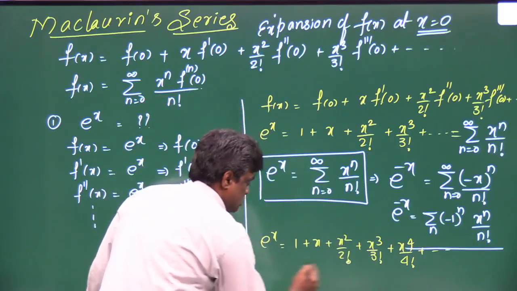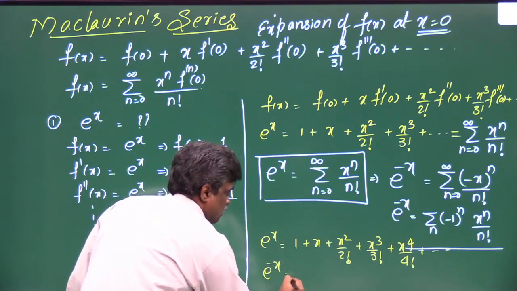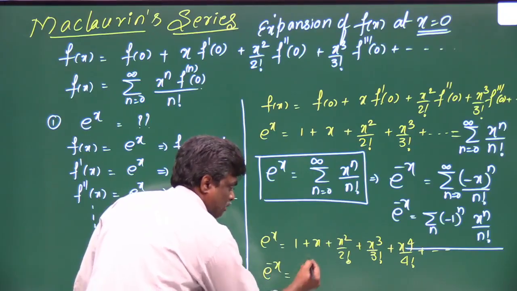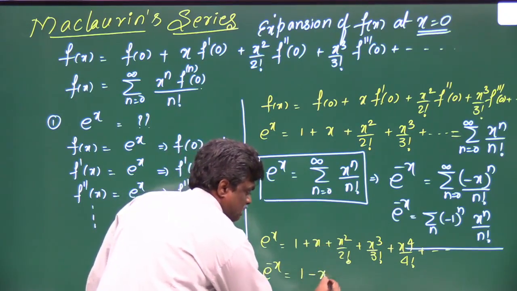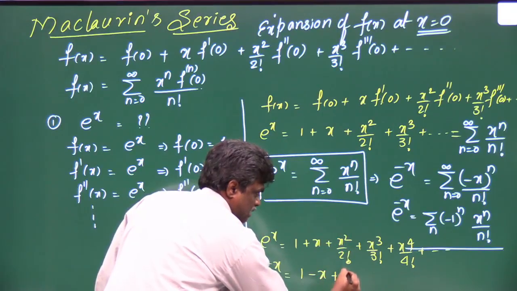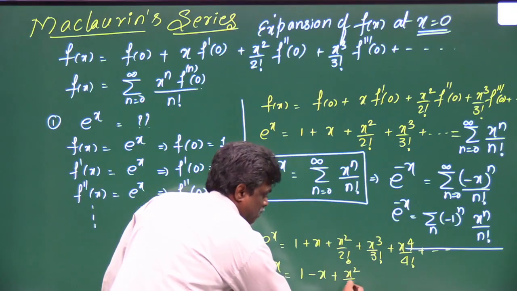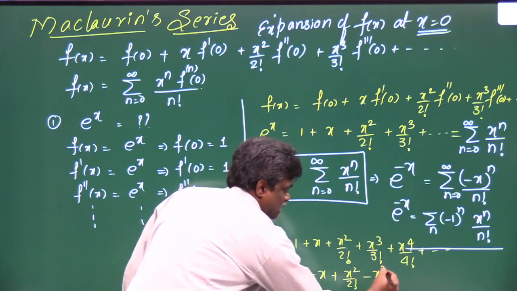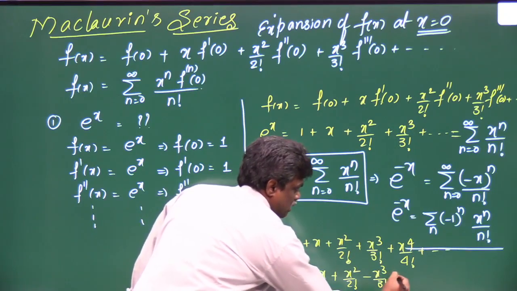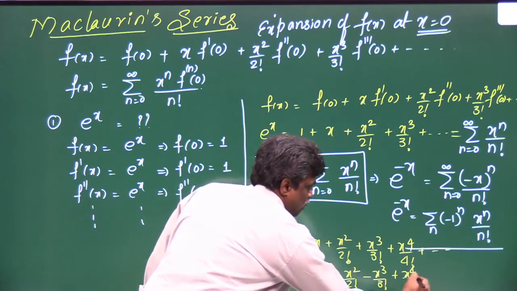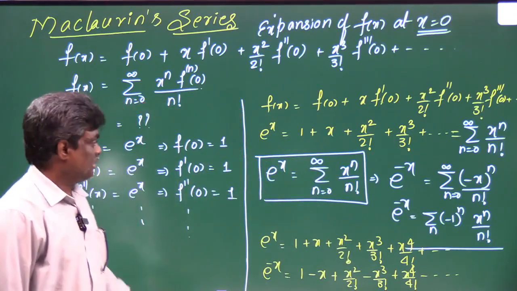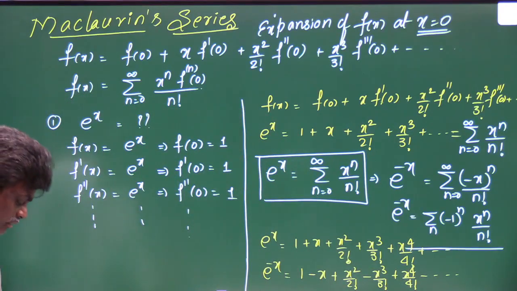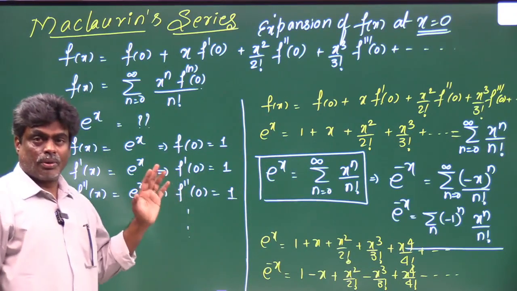If you take e raised to minus x, that means alternate plus minus. The first one is x power 1, that's why minus x. And the second one is x square, so plus x square by 2 factorial minus x cube by 3 factorial plus x power 4 by 4 factorial, and so on. Right? Come on, do it yourself. I hope you have completed.